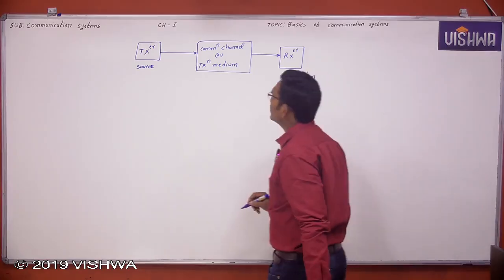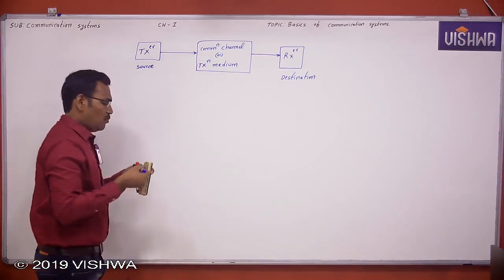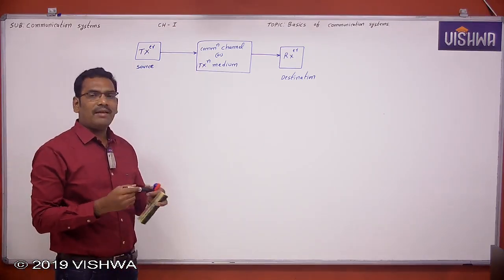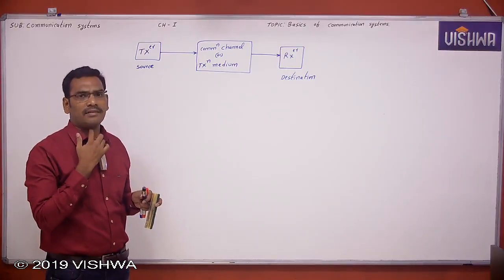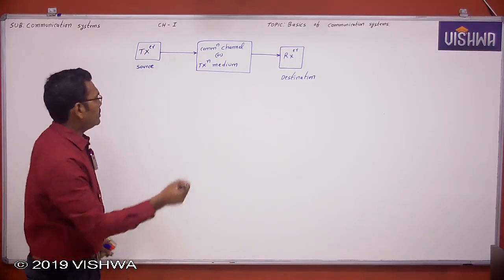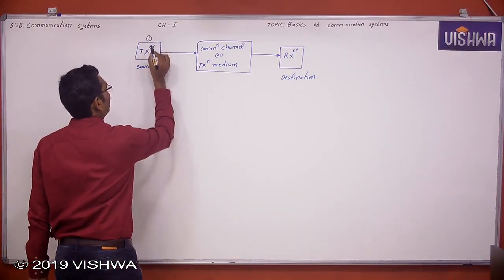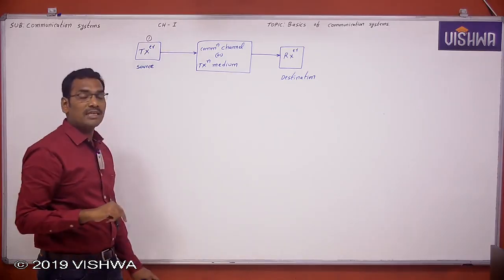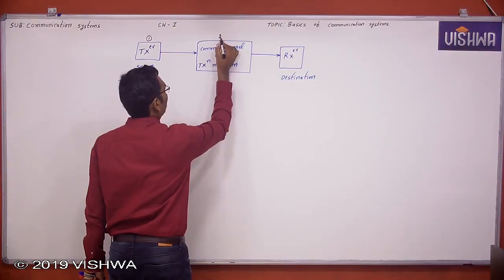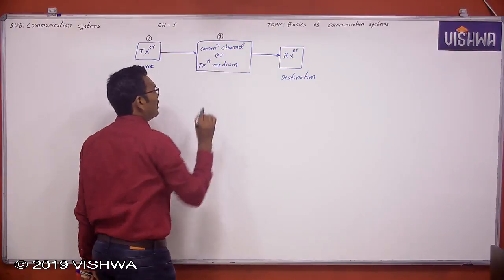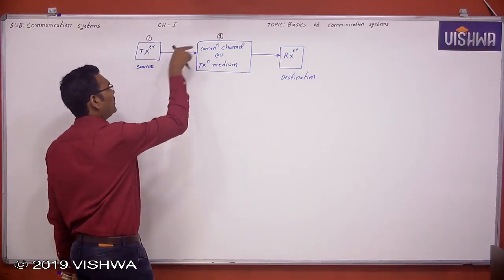Now this is the simple communication system, transmitter. Most of the students ask that whenever I give the transmitter portion, you immediately say receiver. No. The first design part is the transmitter. Once the transmitter portion is completed, you concentrate on which type of communication channel we are using and what transmission medium we are using for transmitting this signal.